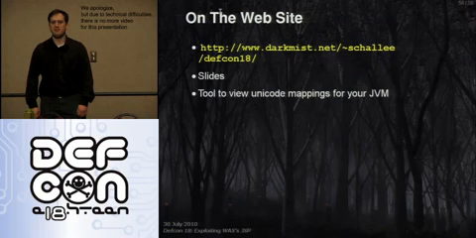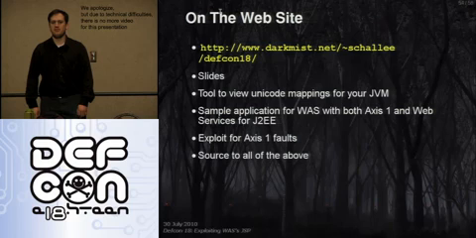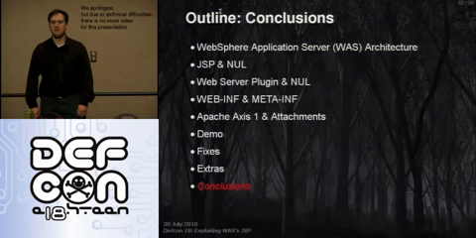It actually reveals some other issues with the IBM JVM if you're interested. There's also a sample application with nice URLs to try this on your own. Obviously, you'll need to download the trial if you don't have WAS yourself. There's also an exploit for the access faults that I showed you, with the source code for all of the above. So there's a lot in there, and you're more than welcome to send me an email and tell me that my code sucks. I would appreciate that, actually.